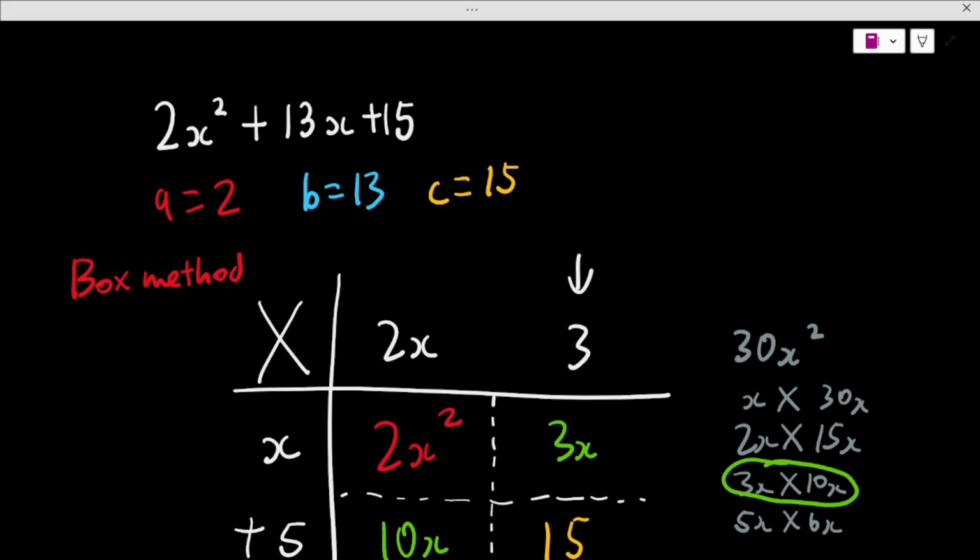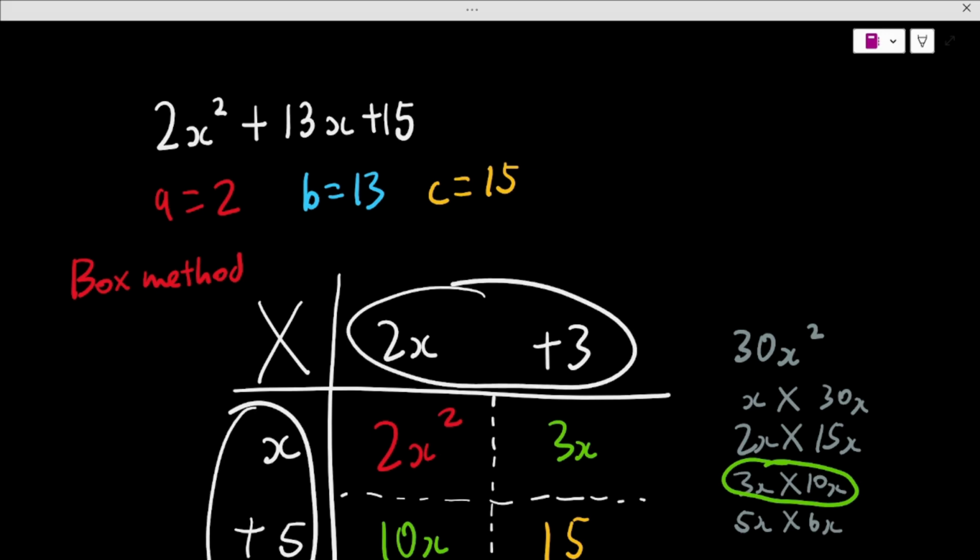So we're going to put a 3, and like I said earlier, we're going to put the positive sign. Now, with this, we can just look and see that these are our factors. So this is just going to be equal to 2x plus 3 and x plus 5. And we are done. Pretty nice.